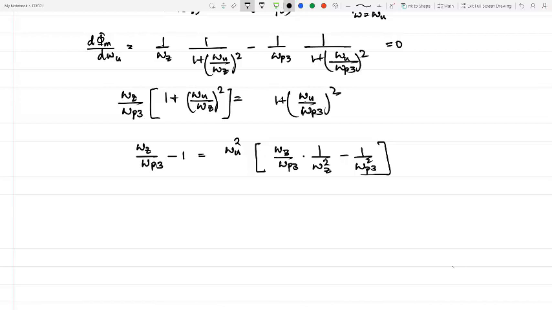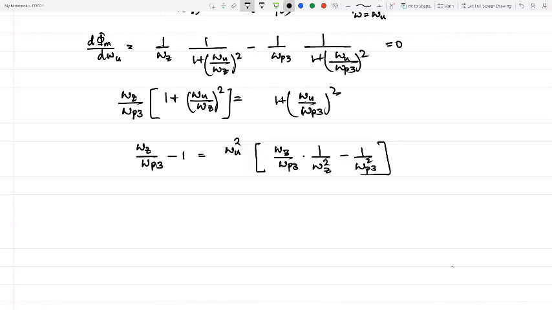Just let me know if there is something wrong here. This derivative goes to 0. I just equate the left and right terms. This one goes omega z by omega p3. So what you have is p3 minus 1 and omega u square by omega z square and omega z by omega p3.